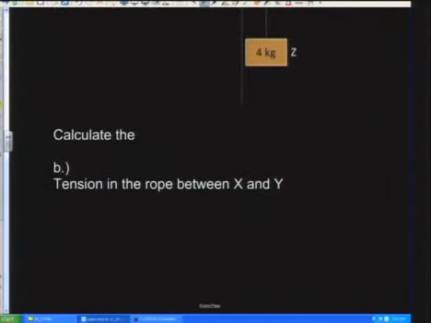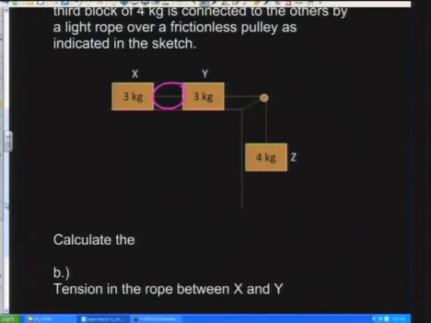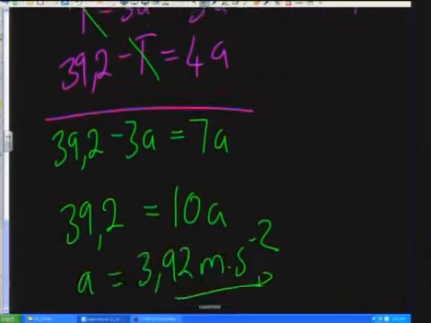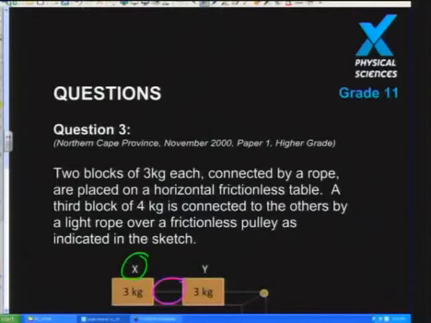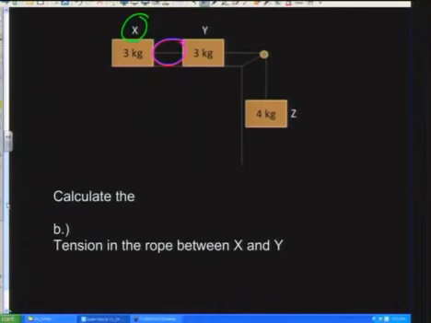So we want the tension between the ropes. I now know what the acceleration of x is. I know that if you go back there, I worked out that the acceleration, remember, was 3,92.